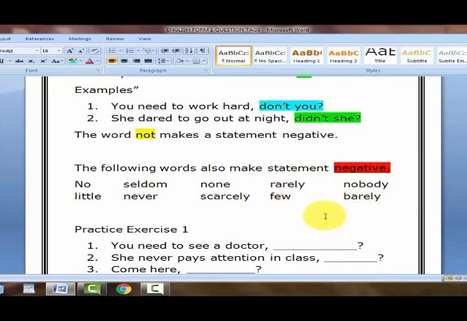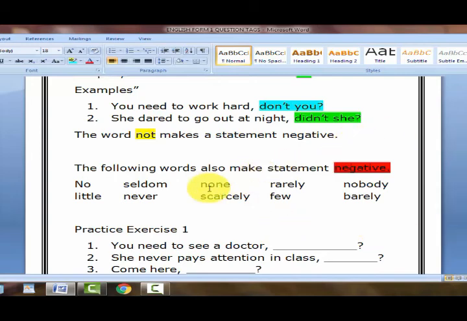So when you see these words, be careful. When you see these words in a statement, use a negative question tag, please. And here below is an exercise to do.